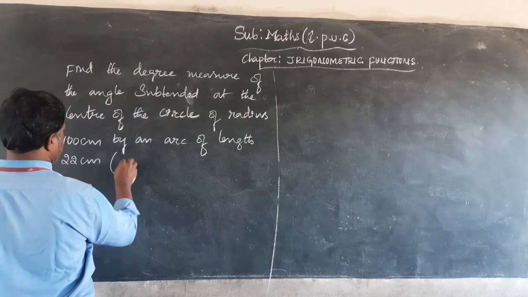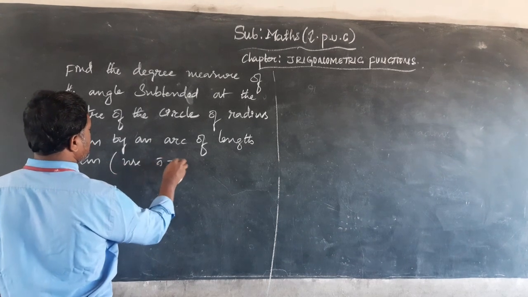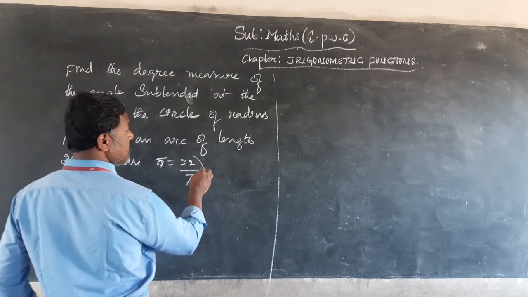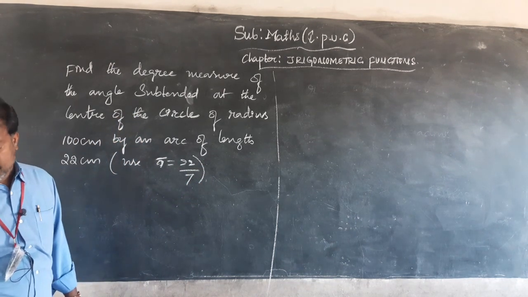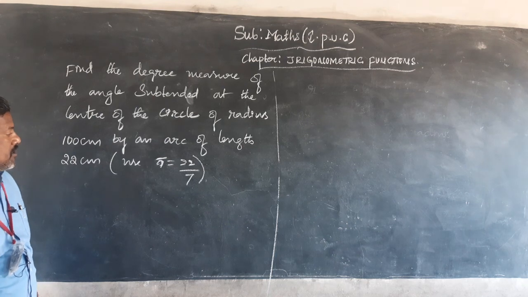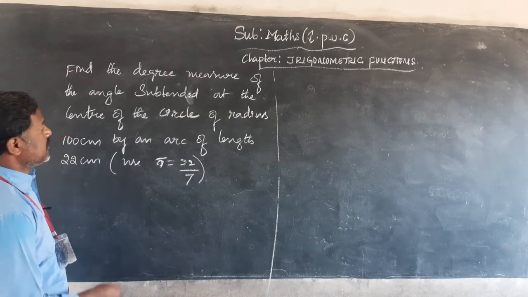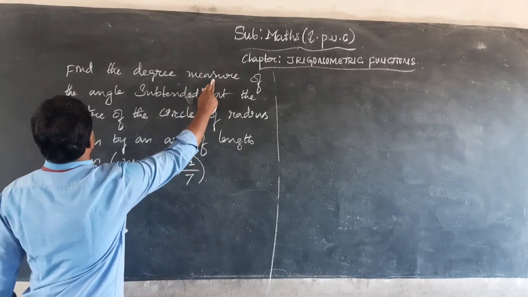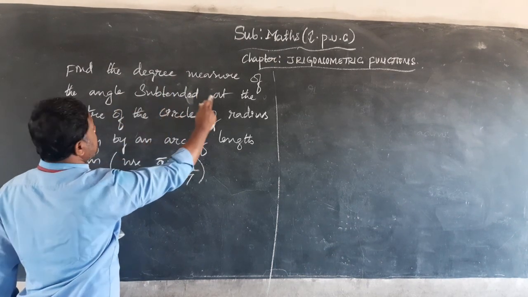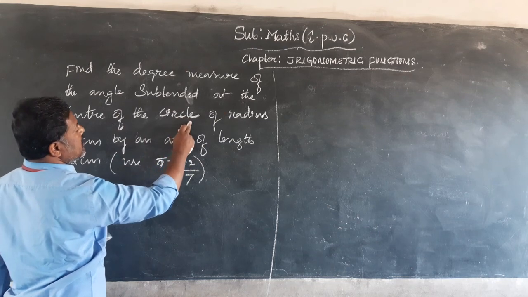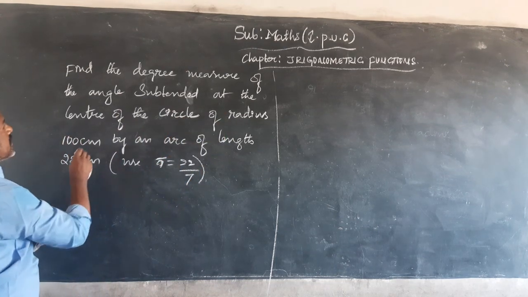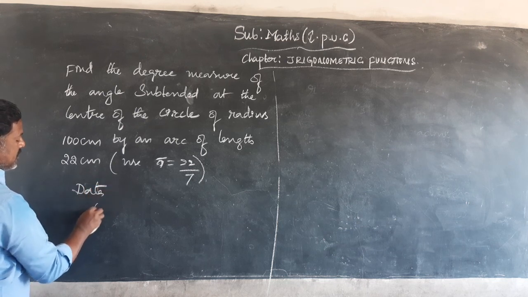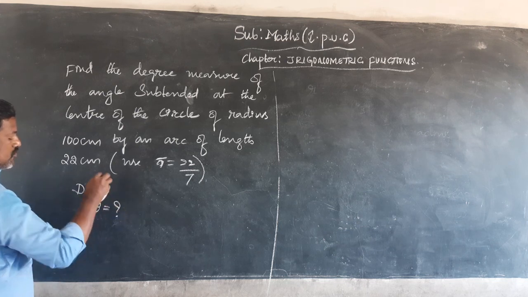centimeter. Children, here also we should use the value of pi, that is 22 by 7. Okay, children, it is also very simple problem. So here let us take down the data first. Find the degree measure of an angle subtended at the center of the circle of radius 100 centimeter. Here we should find the degree measure, that is theta is equals to question mark.